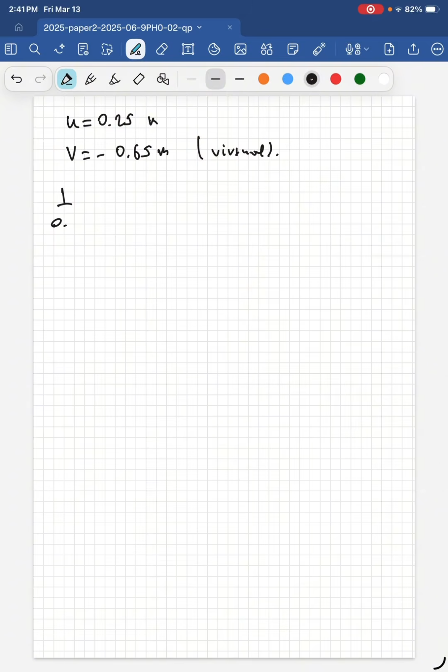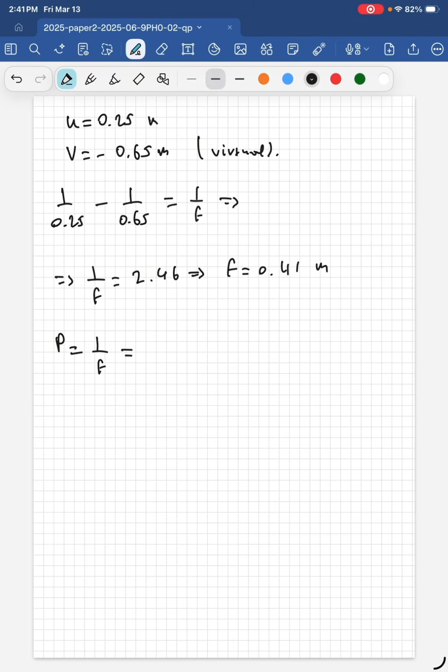So 1 over 0.25 minus 1 over 0.65 is 1 over F. So 1 over F is 2.46, which means that F is 0.41 meters, and then the power is 1 over F, which yields 0.41, which is equal to 2.46 D, which is about 2.5 D.